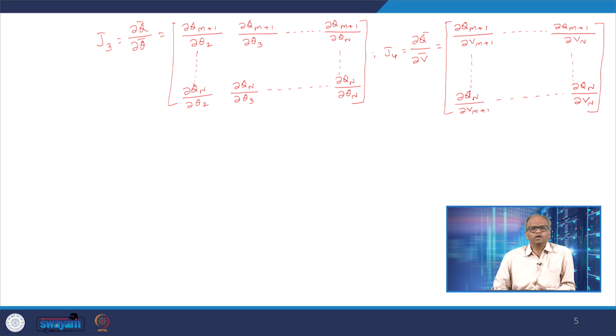So J1 and J4 are square matrices, and J2, J3 are rectangular matrices, and the individual elements are this.